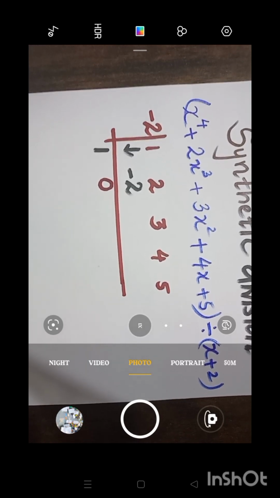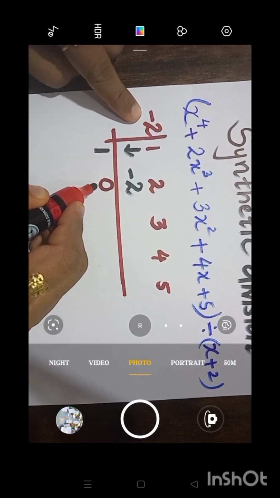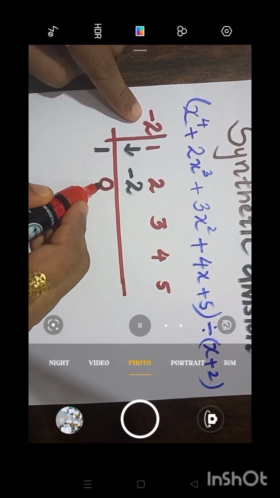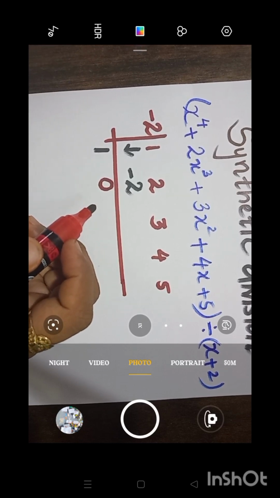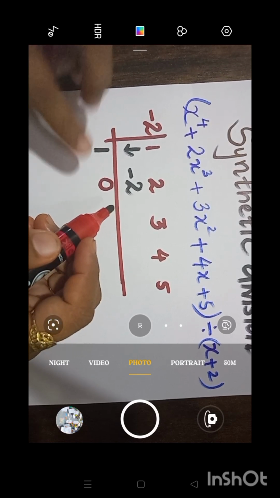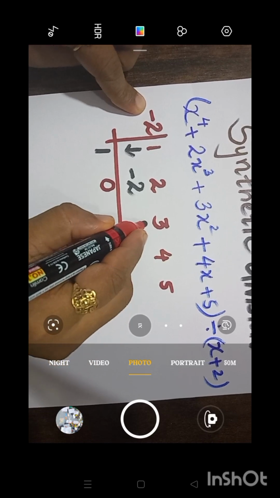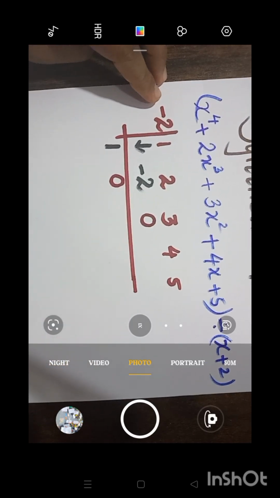Now next, this number will be multiplied again by the divisor. So 0, students, 0 multiplied by any number, even if it is crores, millions or trillions, will be 0. So 0 multiplied by minus 2 is 0, and 0 does not have any sign, not negative, not even positive.